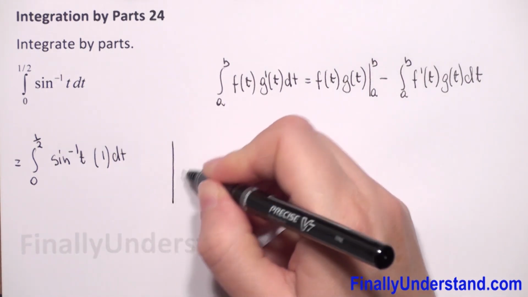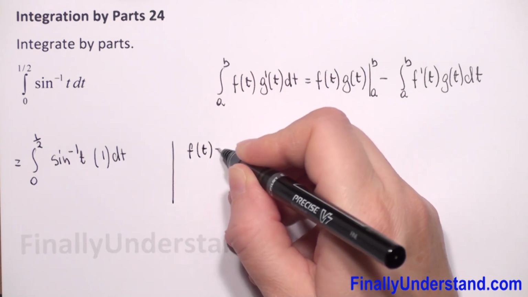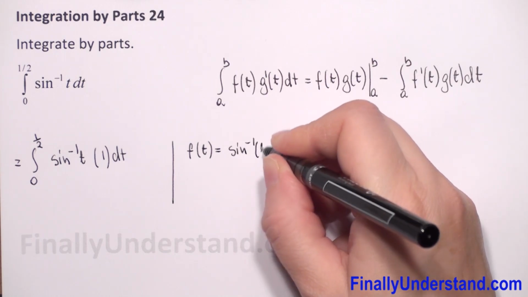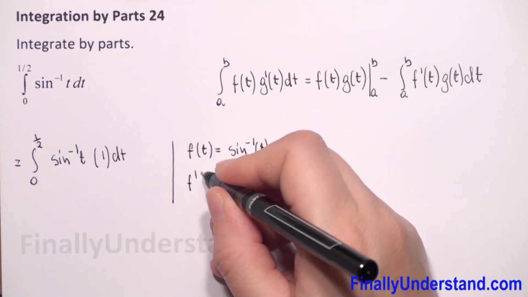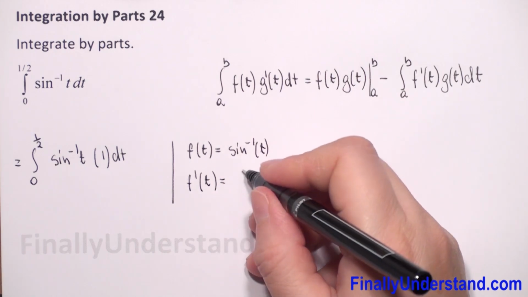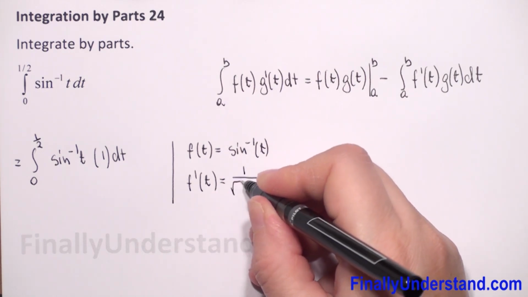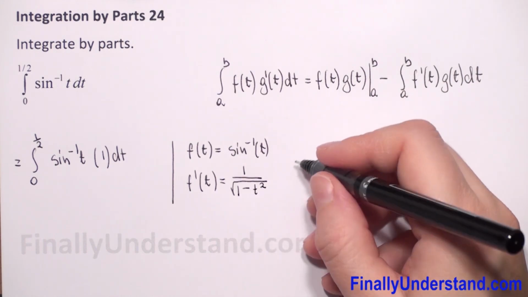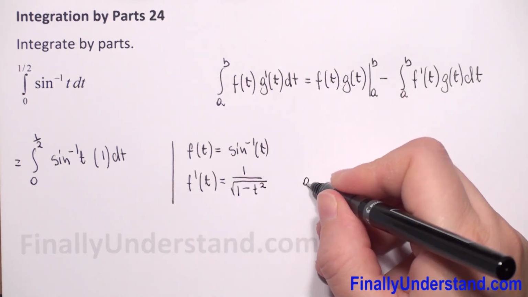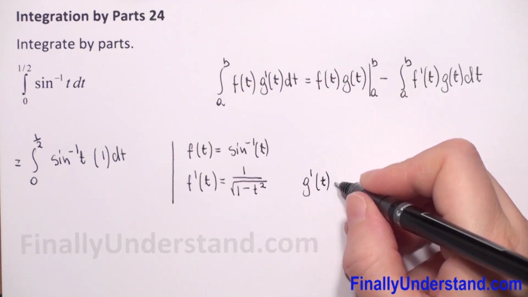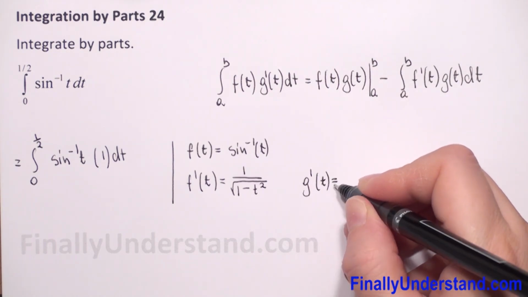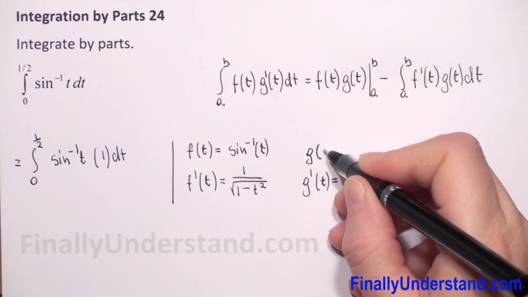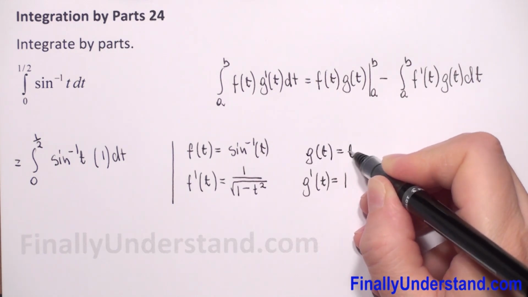Let me put that f of t is equal to inverse sine of t. So f prime of t is equal to 1 over square root of 1 minus t square. And whatever is left is our g prime of t, which is equal to 1. So our antiderivative g of t is equal to t.